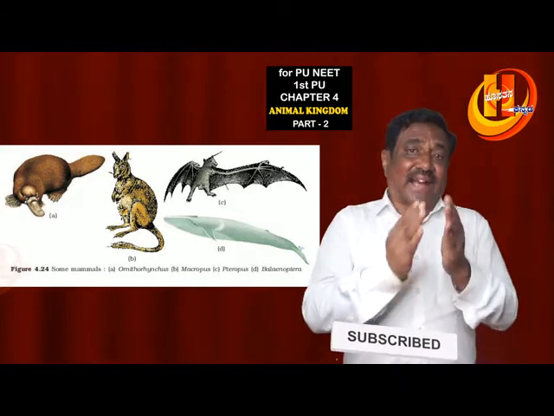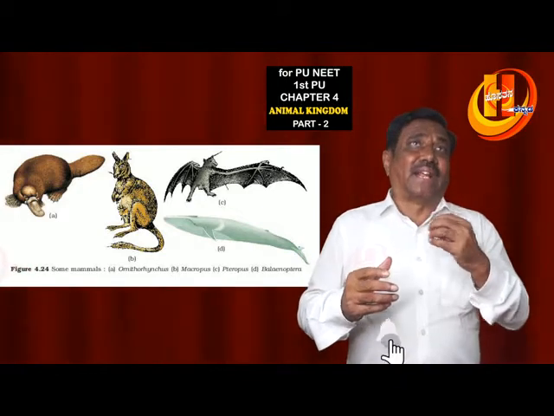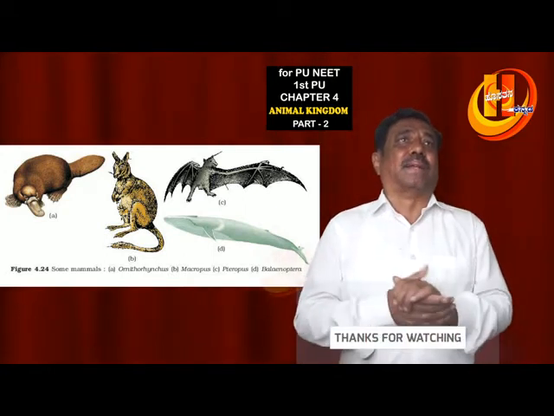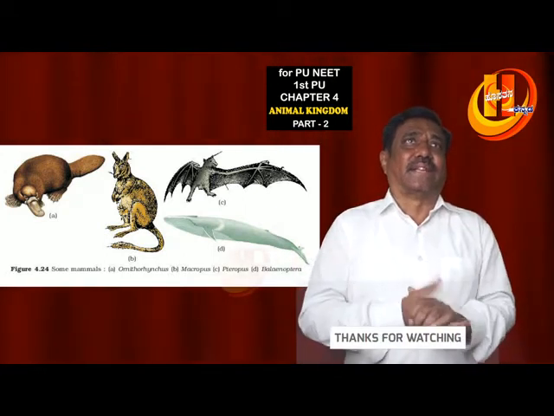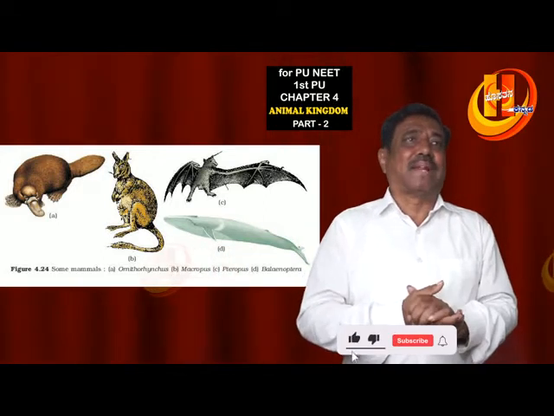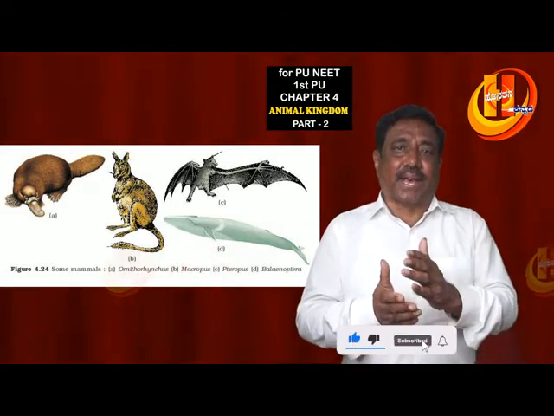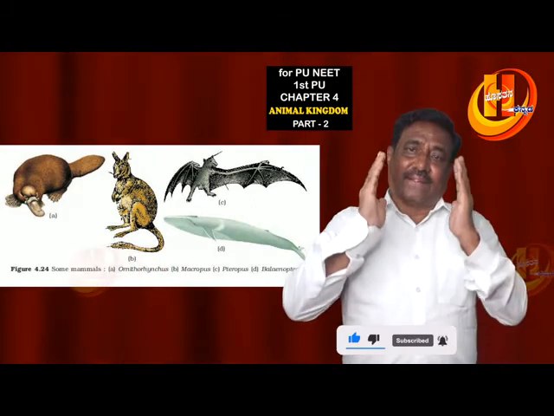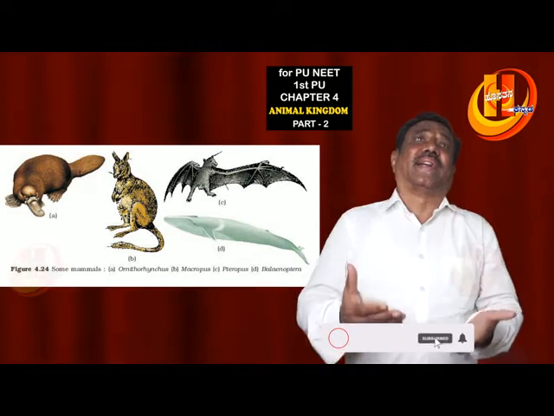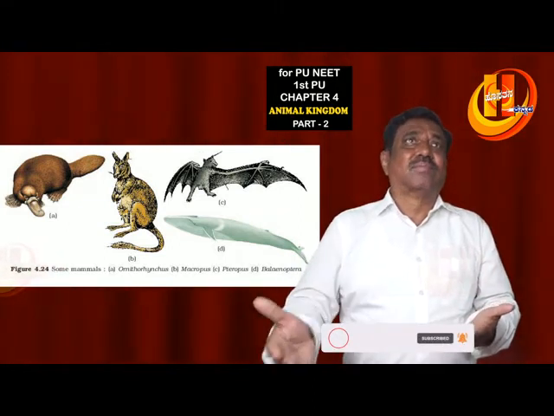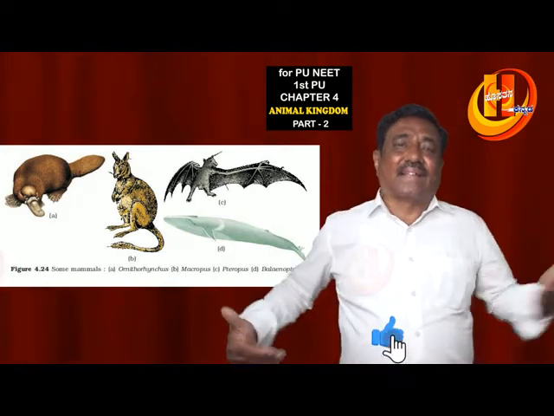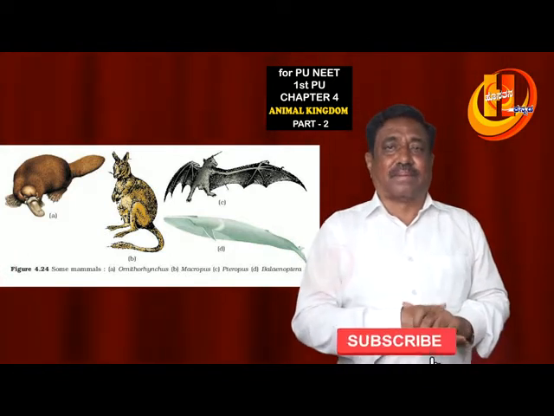And then the other examples are Camelus for the camel, Canis for a dog, and Felis for cat, and next is Rattus for rat, and then Delphinus for dolphin, and these are the very good examples of Mammalia.